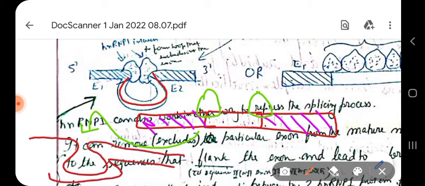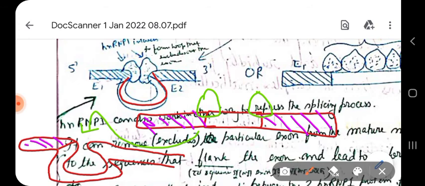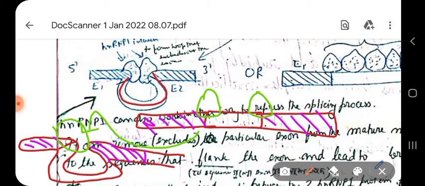It leads to a formation of a loop-like structure. So these were your introns, and in the middle there is the exon, and the HNRNP1 are interacting with each other, which can cause removal of this exon. Here we have seen the intron getting removed by the interaction between HNRNP1.